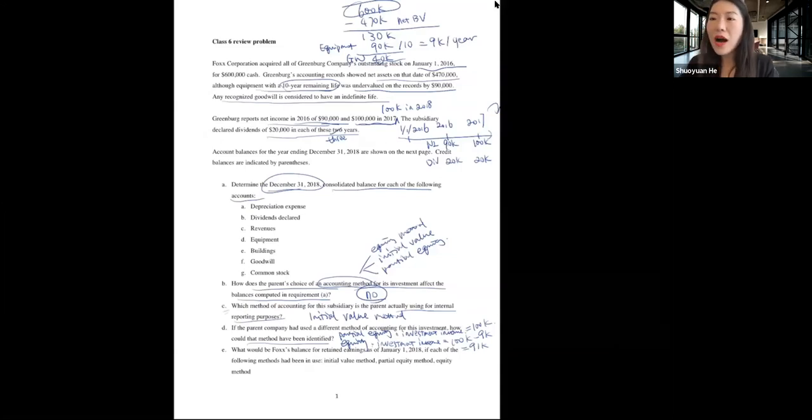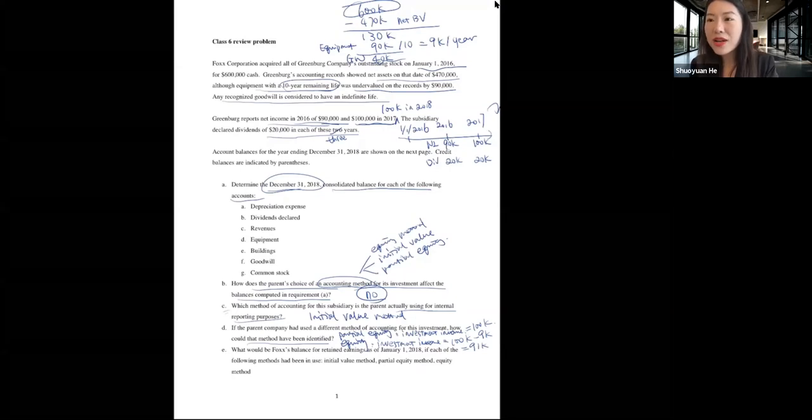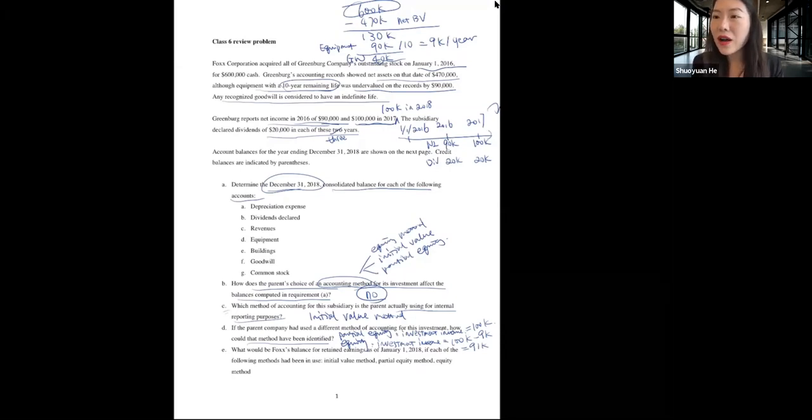And how about the investment account? The investment account balance will differ as well. So under the partial equity method, we start from the 600,000 initial investment. And then under the partial equity method, we need to add all of the subsequent subsidiary's income, which are 90,000, 100,000, and 100,000. And then we need to take out all of the subsequent subsidiary's dividends.